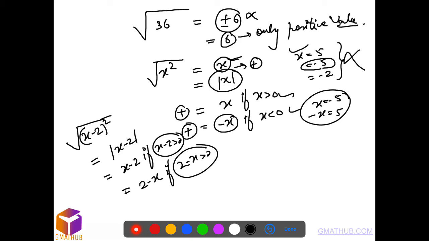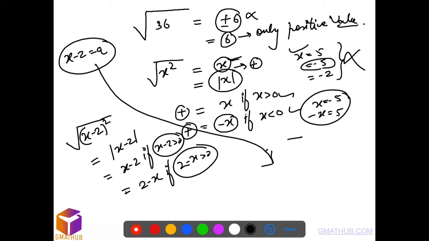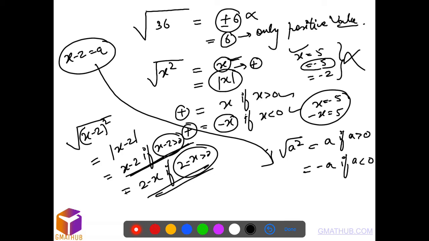Or simply saying, let's put x minus 2 is equal to a. Now this whole thing becomes square root of a square. So that should be a if a is positive, and in this case it should be equal to minus a if a is negative. So end of the day the result should be positive. That's what we are concerned with.